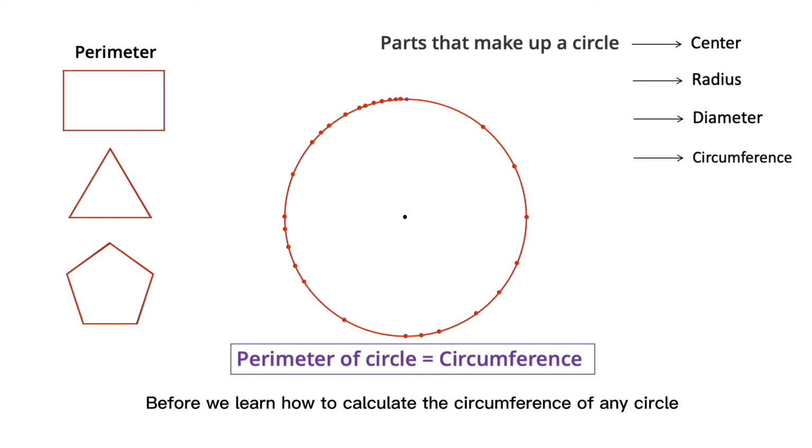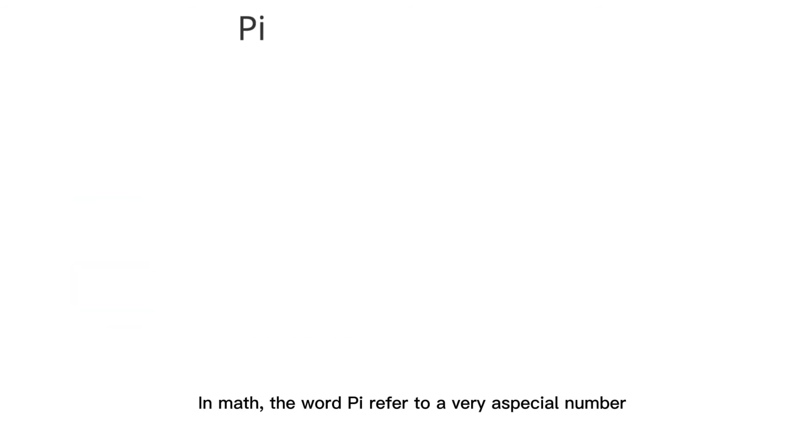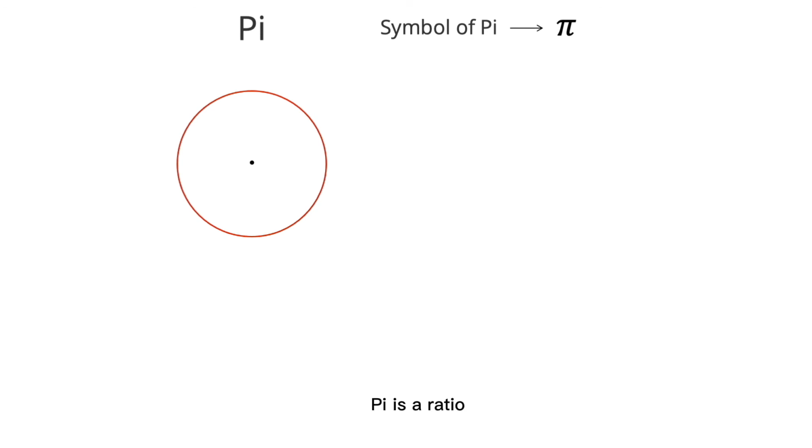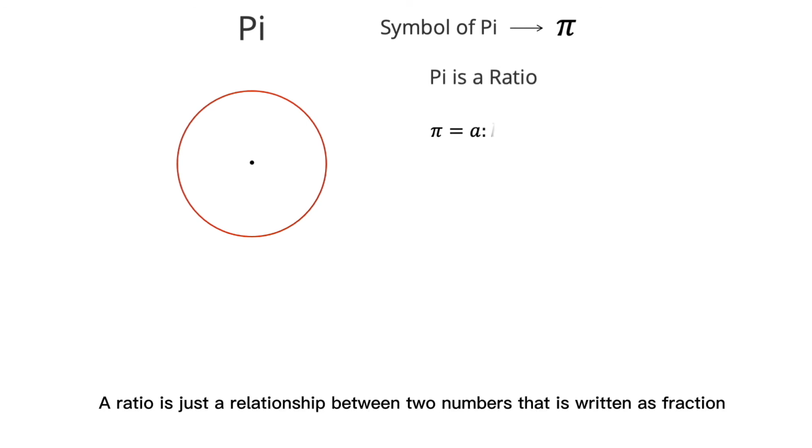Before we learn how to calculate the circumference of any circle, first of all, we need to learn about pi. In maths, the word pi refers to a very special number. It has its own symbol. How does pi relate to a circle? Pi is a ratio. A ratio is just a relationship between two numbers that is written as a fraction.